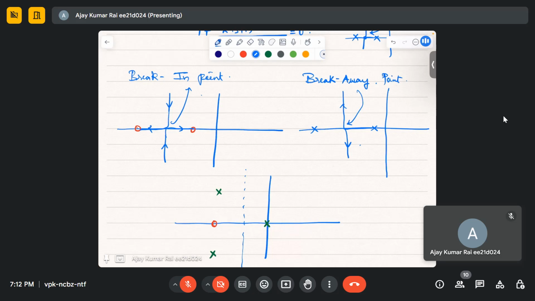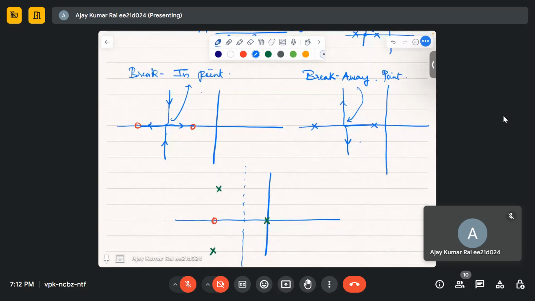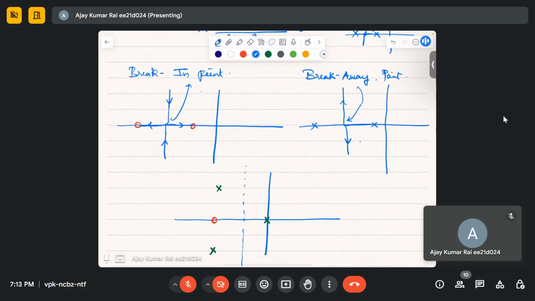For our particular example, is it matching? At least you can say whether matching or not. Mathematically, we can prove whether any point exists or not, but just by looking at these graphs, no. Okay, because for break-in, let's take this break-in point, you need two open loop zeros, right?